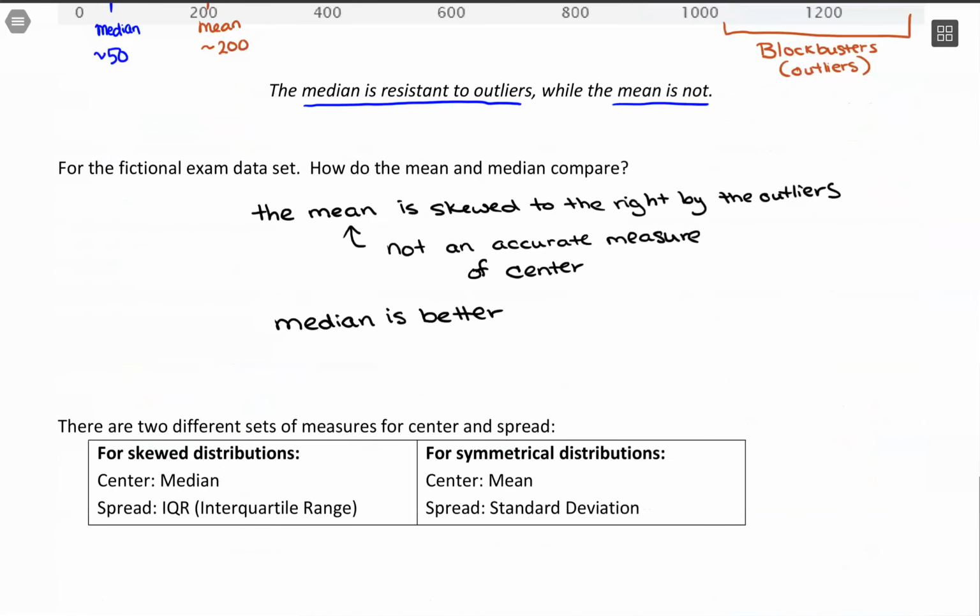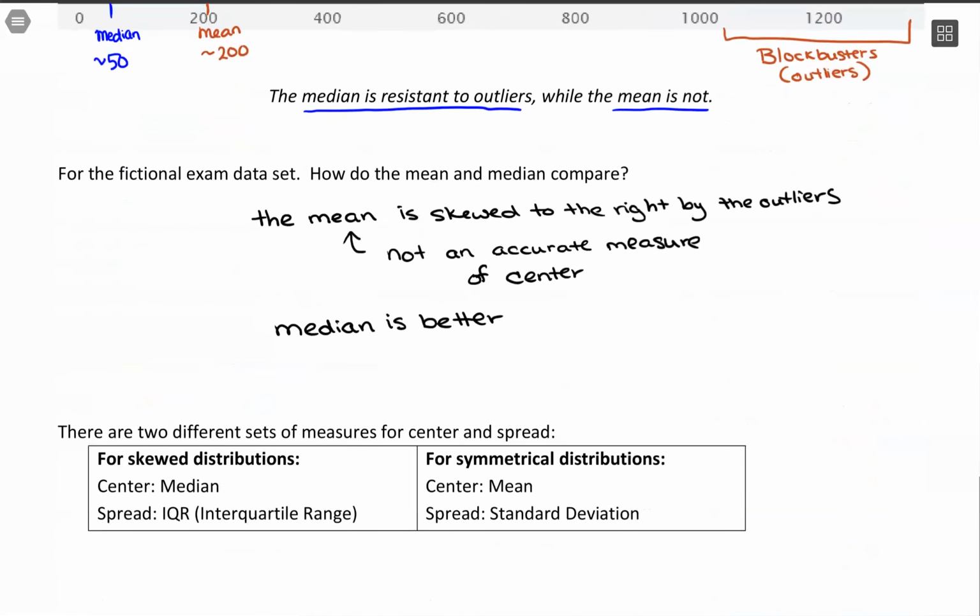So that's this little chart I have at the end here: when we start to make these descriptions for data, if it's skewed, for center we'll want to talk about median. For spread, we'll use this thing called interquartile range, which we'll talk about in a future video. If the data is symmetric, we'll want to talk about mean for center and standard deviation for spread, which we'll cover in the next video.